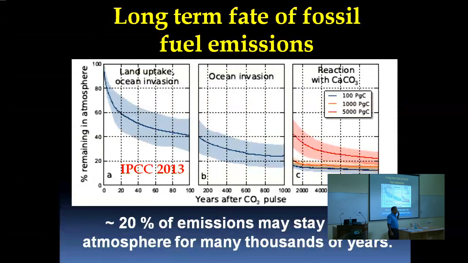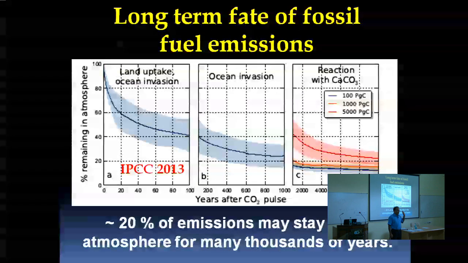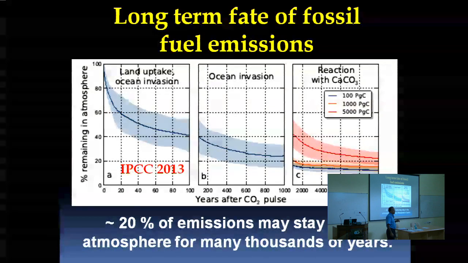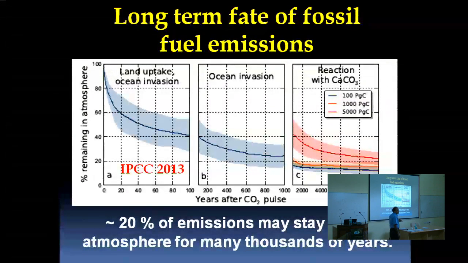What is considered in this plot is only the role of land and ocean. If you allow only land and ocean, after 10,000 years, even in the small emission case, about 50% is left in the atmosphere. In the case of a bigger pulse, nearly 20% of the CO2 stays in the atmosphere even after 10,000 years.